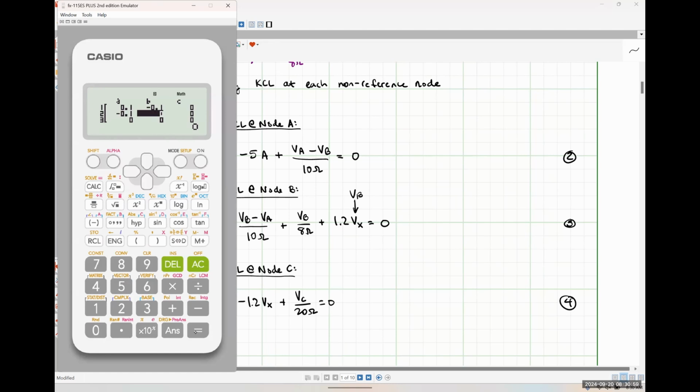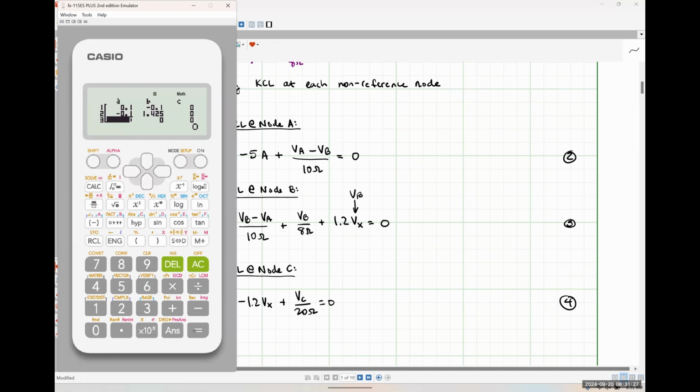So I can literally just put in 1/10 plus 1/8 plus 1.2, and it'll give me the actual correct number. My coefficient for VC is once again 0. My constant term is 0.